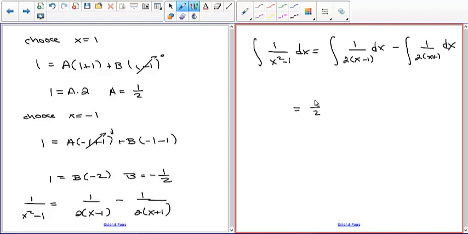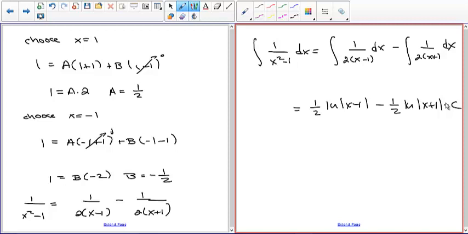And the answer here is 1/2 times the natural log of the absolute value of x minus 1, minus 1/2 times the natural log of the absolute value of x plus 1, plus c. A lot of times you'll end up doing these simple integrations, and you're like, what did you do there? Well, the integral of 1 over x dx is the natural log of x.